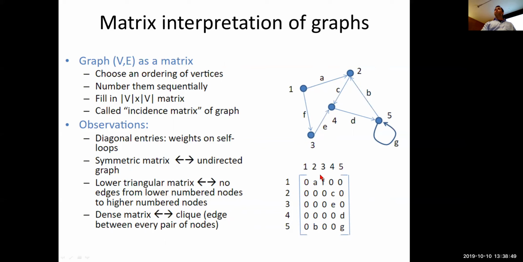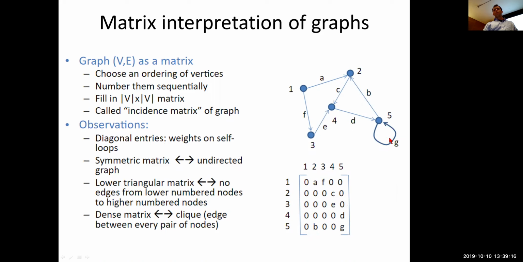Everybody can see this? So my adjacency matrix simply tells me the connectivity between every starting node and every ending node. Okay? So this graph can be represented as a matrix, and I can choose some ordering, I can number them, and then I can fill in this matrix, and this is simply the adjacency matrix or the incidence matrix. Okay? And the diagonal entries are simply the weights of the self loops.